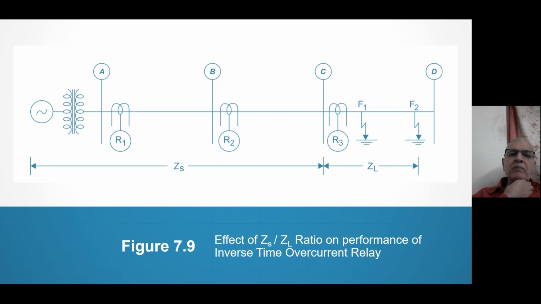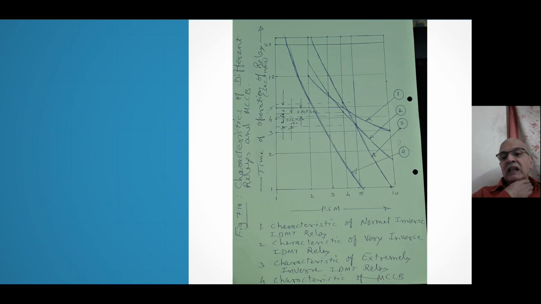And therefore, the engineers have found out another kind of characteristic, that is very inverse and extremely inverse. If you can see in the figure, number 1 is normal inverse, number 2 is very inverse, and number 3 is extremely inverse.